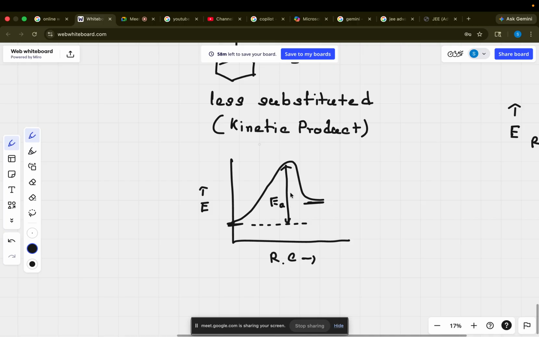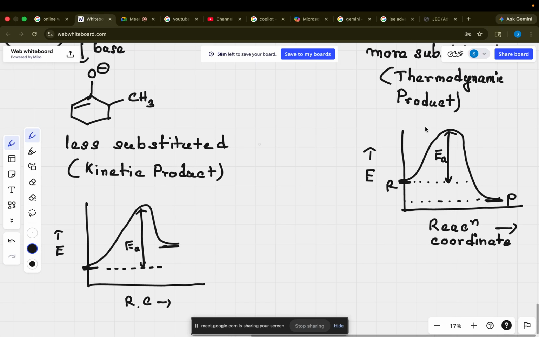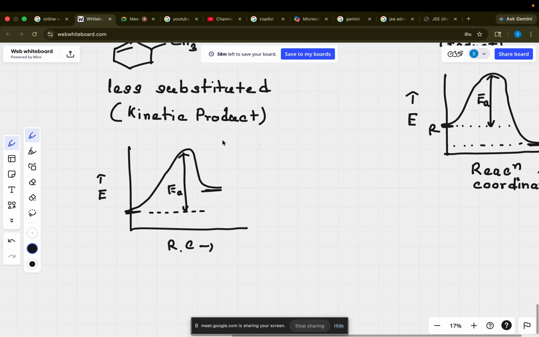This is your activation energy, and the product is actually less stable than your reactant. So if you are getting the thermodynamic product, you will get this kind of plot. If you are getting the kinetic product, you will get this kind of plot.